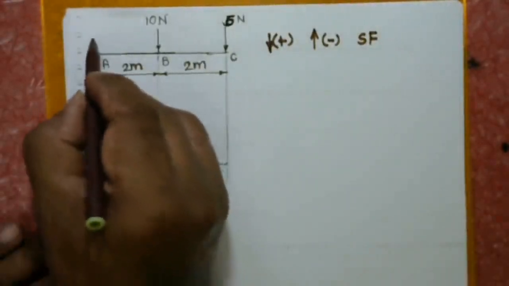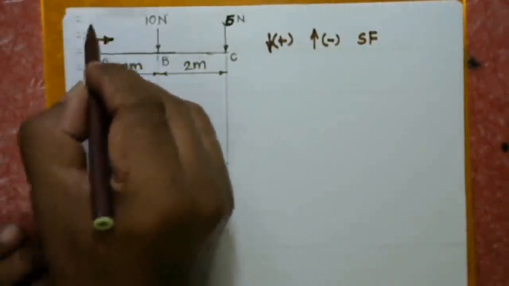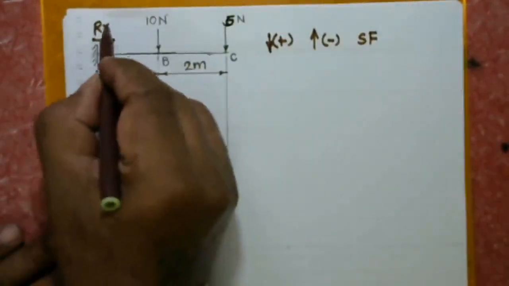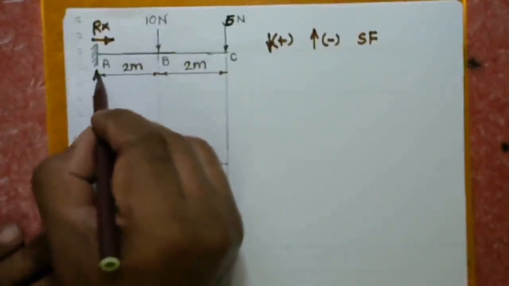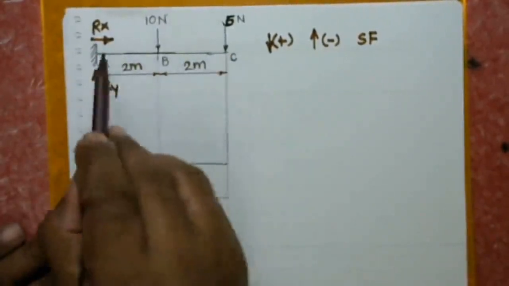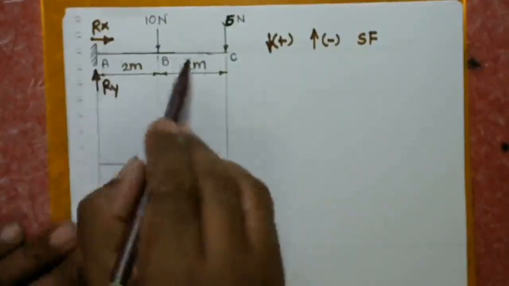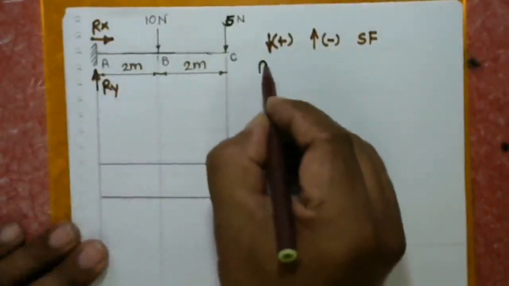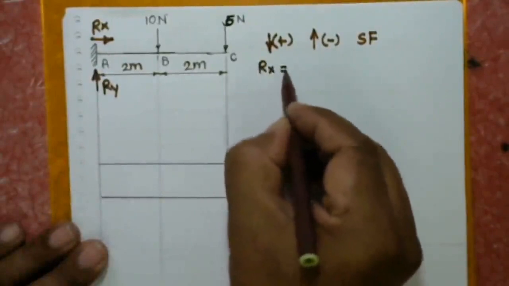Here two types of reactions are acting, Rx and the vertical reaction Ry. In this numerical there is no horizontal force acting on the beam, so the horizontal reaction is equal to 0.